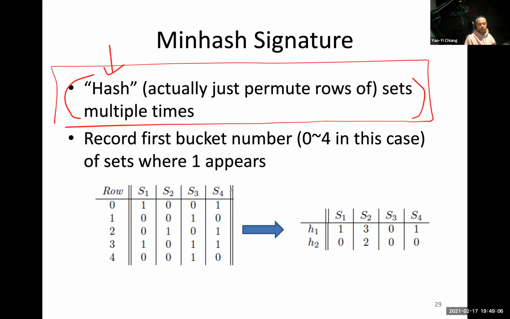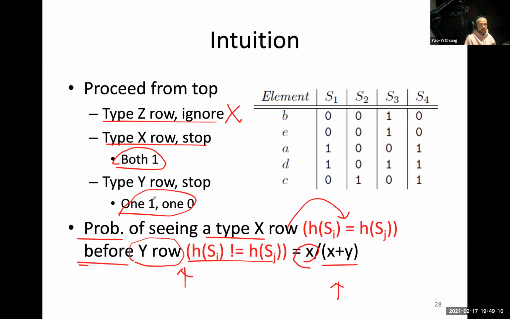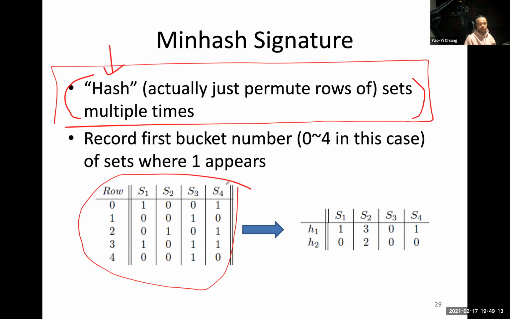For example, if you look at this table, remember we said when we generate a signature, we would just scan from the top and use the first 1. So if you look here, the first hash function tells you that the signature for S1 is 0, the signature for S2 is 2, the signature for S3 is 1, the signature for S4 is 0, okay?